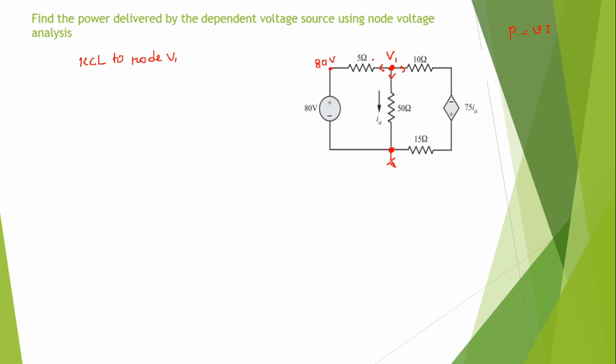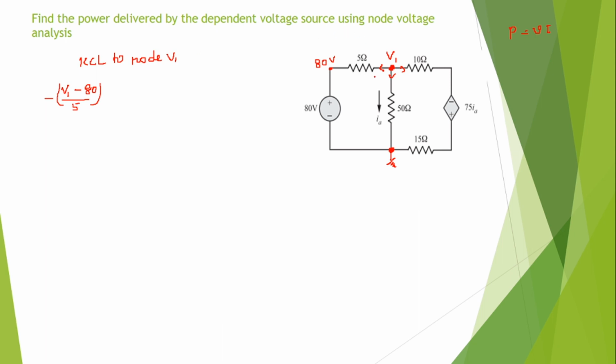So the current through the 5 ohm is V1 minus 80 by 5. But this current is flowing out from node V1, so it is minus sign.